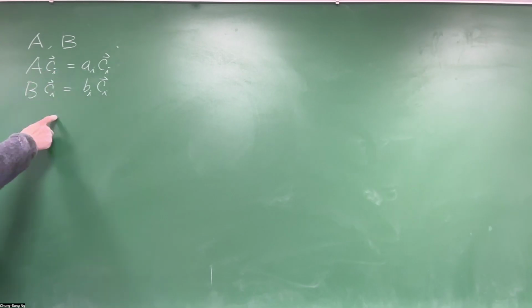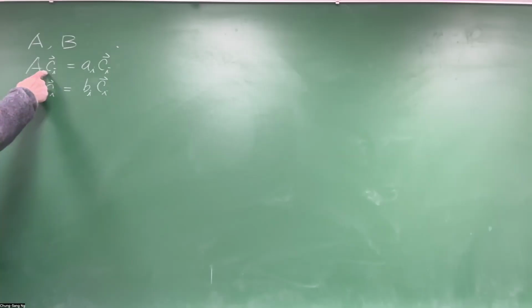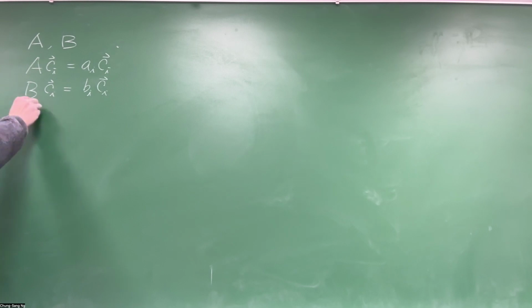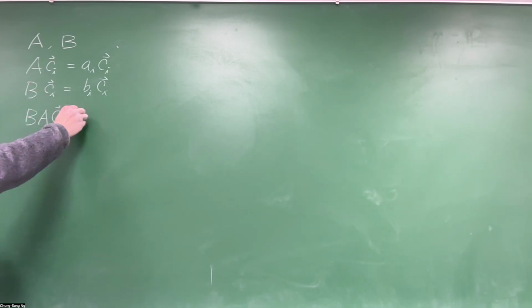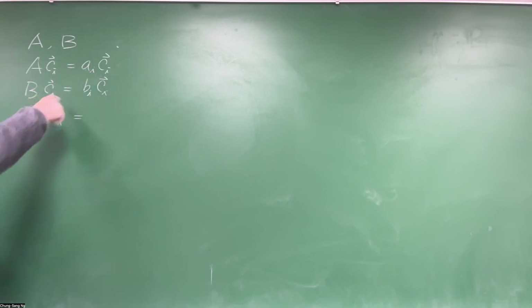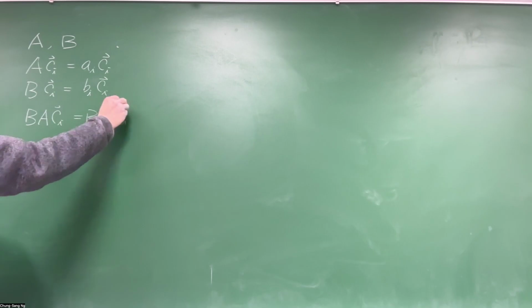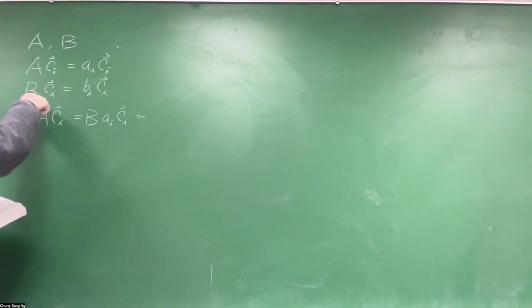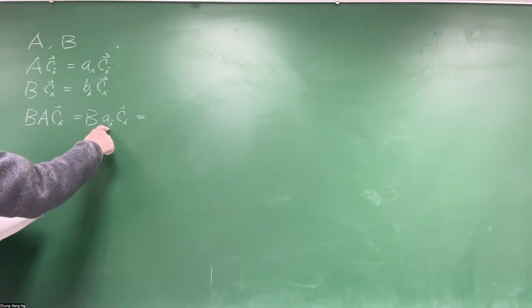Then the condition that they can have the same eigenvectors: we operate on C sub I in different orders, B A C sub I. Substituting, the A sub I comes out, and this is just a number.